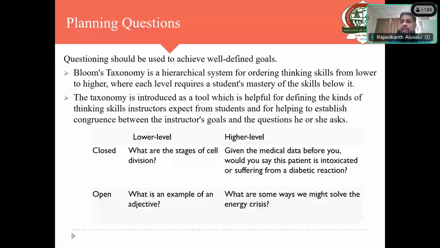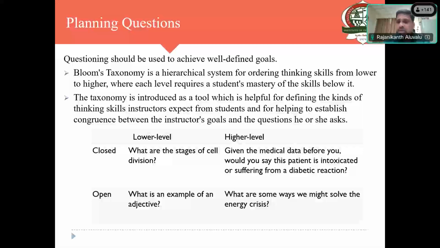So in planning questions, Bloom's taxonomy always helps us as a tool. So the point is, when we are designing a question paper, it consists of some questions. And how do you decide a question? We have to prepare a question which helps us in evaluating the student for some defined goals.